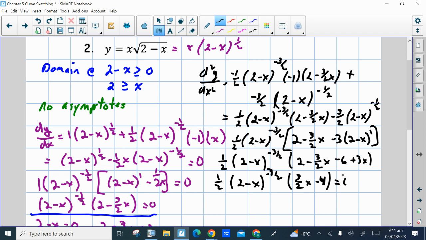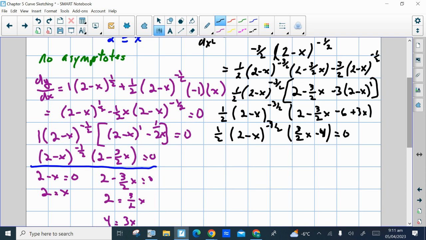And we're looking for the critical numbers here. One of those critical numbers will be where this 2 minus x equals 0. But that's where x equals 2, and we already know that that's where the graph is starting. But we still want to use it as a critical number because we want to know whether the graph is concave down or concave up.